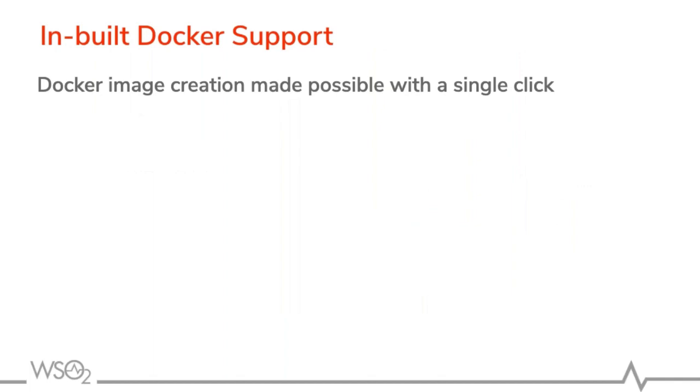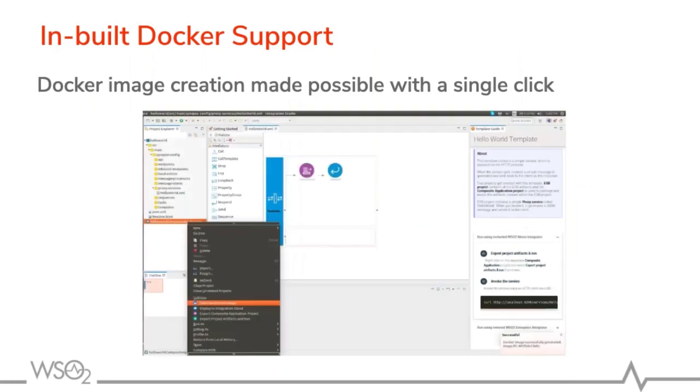Then with the increased interest in cloud native technologies, we wanted to support Docker within the integration studio itself. We wanted to take away your burden of having to create Docker images manually after exporting the car applications you create within the developer studio.